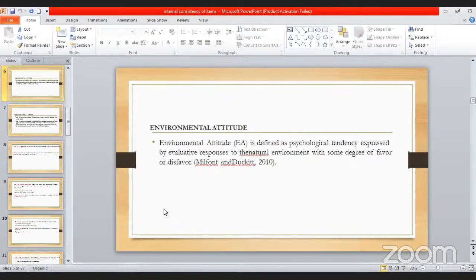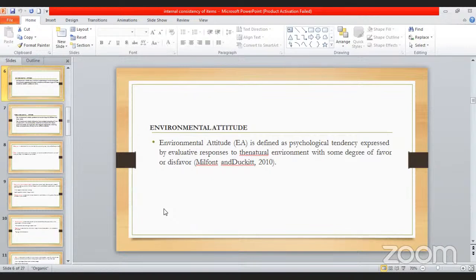Environmental attitude is defined as a psychological tendency expressed by evaluative responses to the natural environment with some degree of favor or disfavor. This is the operational definition of environmental attitude, so this is the construct.